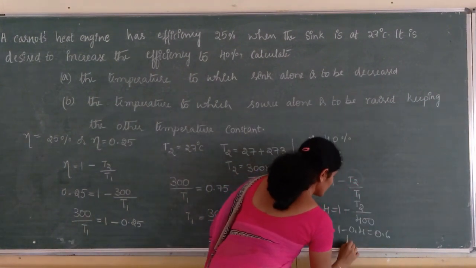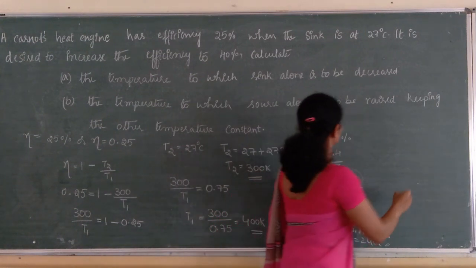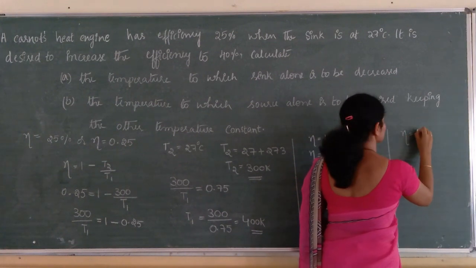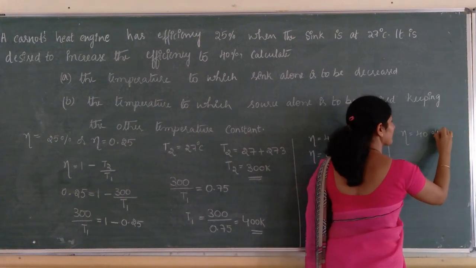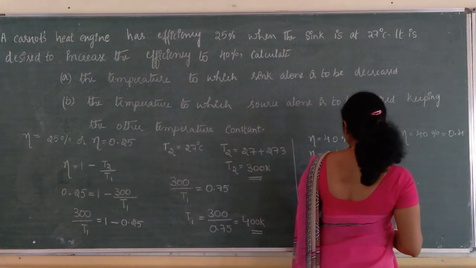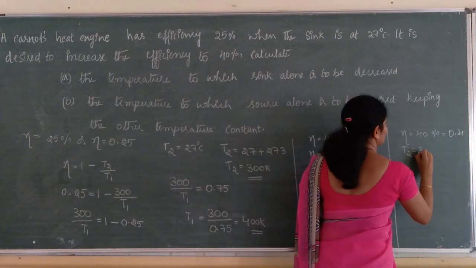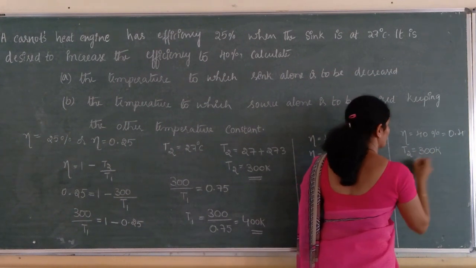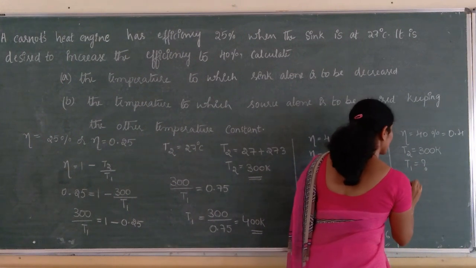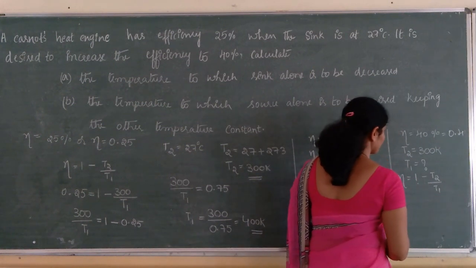So, I will write here T2 is equal to 240 Kelvin. So, in the third part, efficiency is the same 40%, that is 0.4. T2 is 300 Kelvin. What is the value of T1? So, eta is equal to 1 minus T2 by T1.